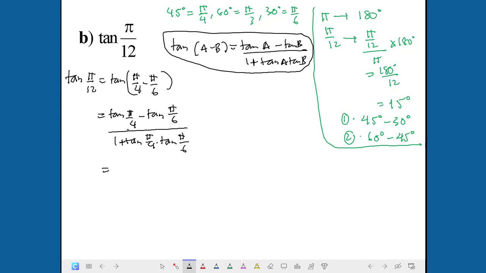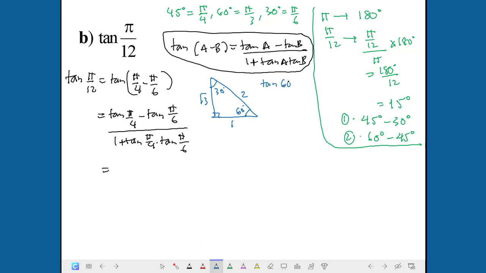Okay, then substitute the values. Tangent A, tangent B, the values of tangent for the angles 60 degrees and 30 degrees.